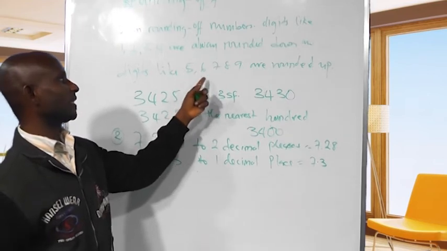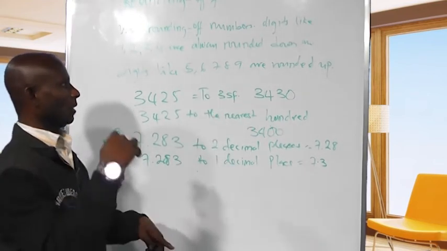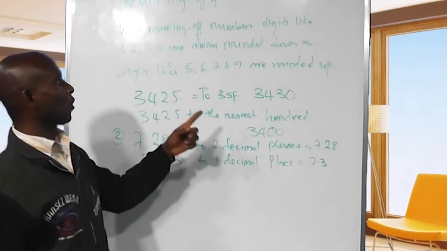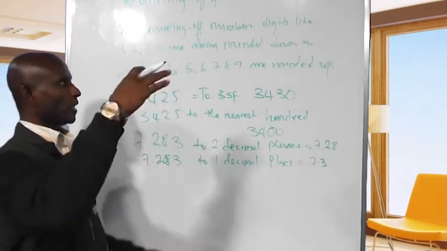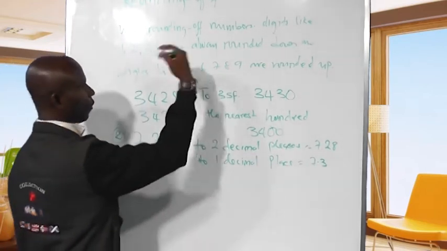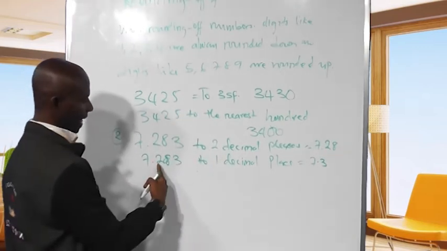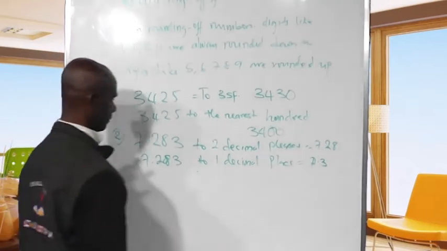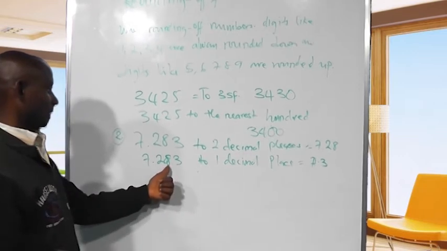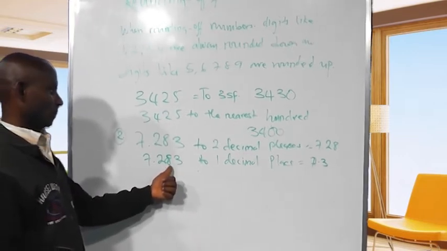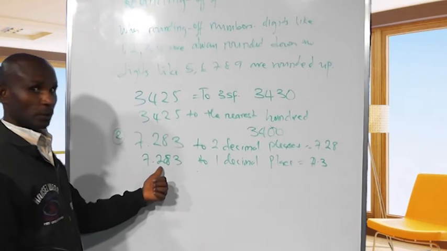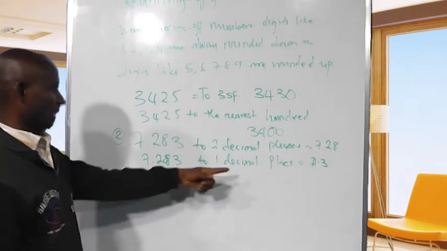And when we have 5, 6, 7, and 8, we round them up. When we have 1, 2, 3, and 4, we round them down. So rounding 8 up, it turns to 1. We take the 1 and add to these 2, we have 7.3. So that's how we can convert it.